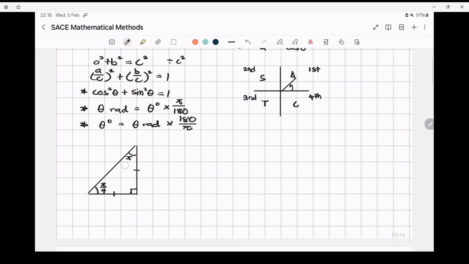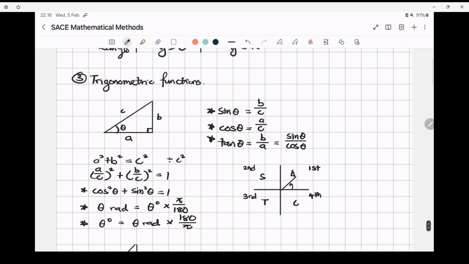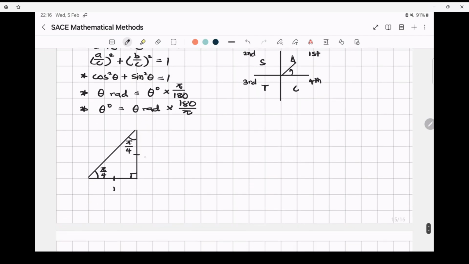So we can identify, let's say both sides have length 1. So the longer side will be square root of 2. Then let's use the definition.